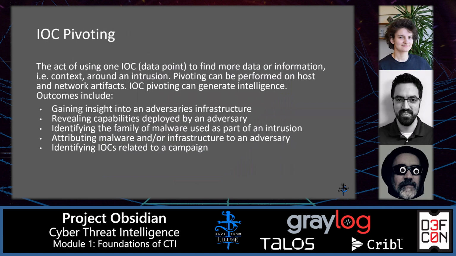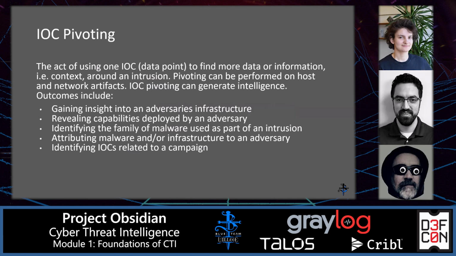And we'll talk a bit also about IOC pivoting. So like I said, IOC is an indicator of compromise. Could be like a malicious hash, malicious IP, etc. So pivoting is when you use one IOC to find out more data or information about an intrusion. It can be performed on like host or network artifacts, and you can get more intelligence out of this.